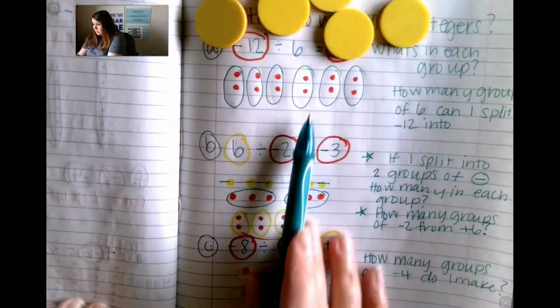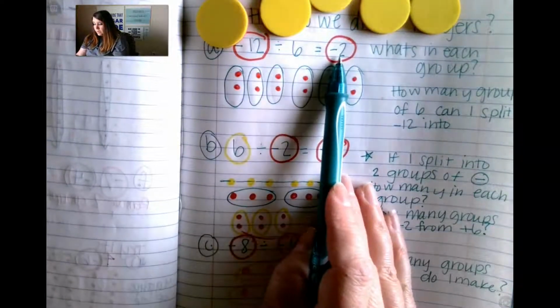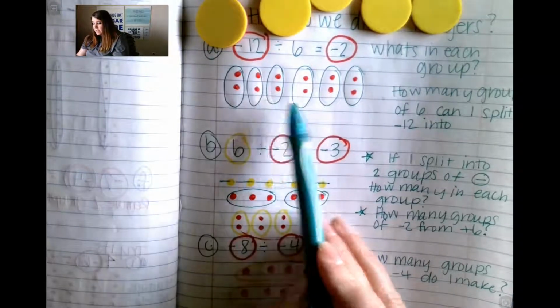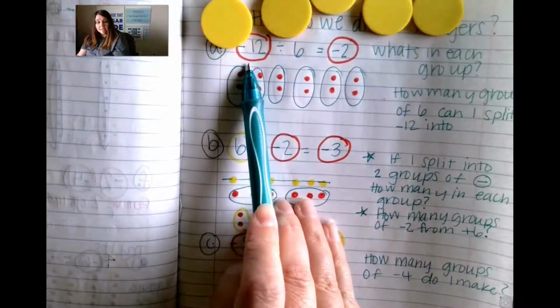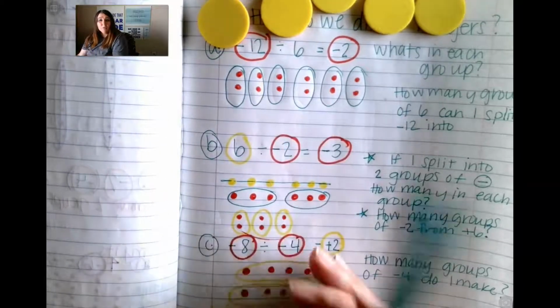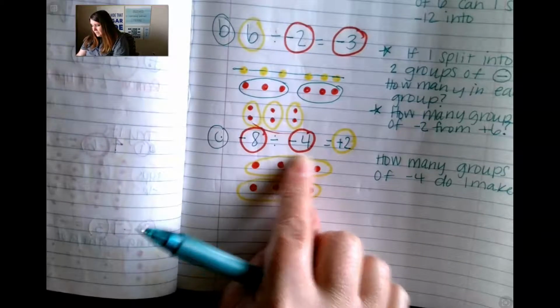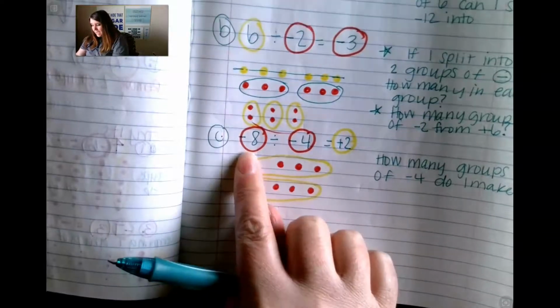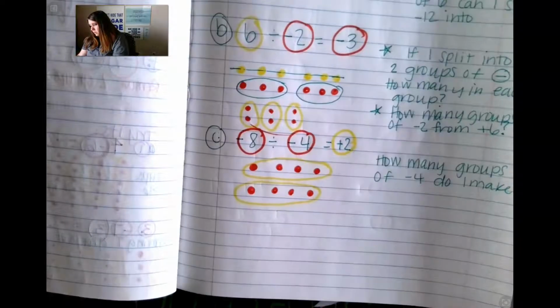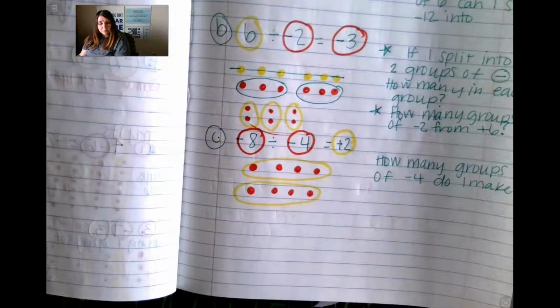If I add groups of -2 until I get to 12, I still have -12 because I've added on those chips, or I'm repeatedly subtracting. Here, how many groups of -4 can I make to get 8? Well, I had to make 2. Or how many groups of -4 do I have to remove to get -8? Well, I had to remove 2.